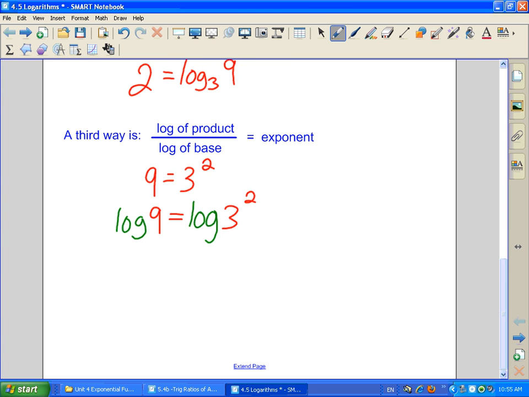Now, in nature, logarithms, when you put them in this form, allow you to take the exponent and bring it out front. So I'm just going to leave this as log 9 on the left side. On the right side, I'm going to bring the exponent out front, because that's what you can do with logarithms.